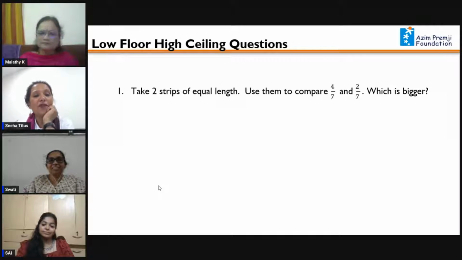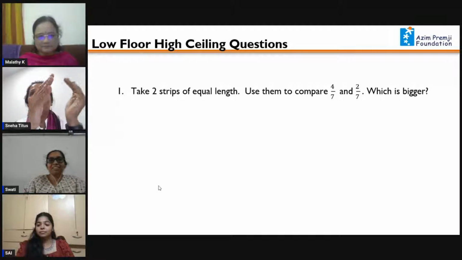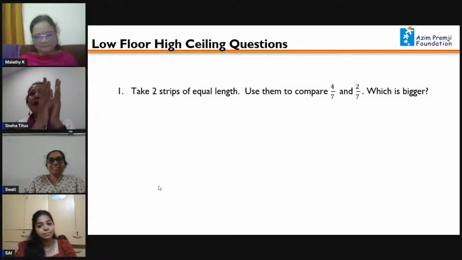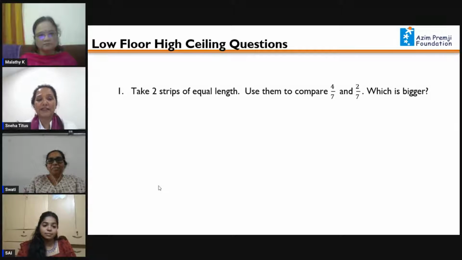After the children do this in class, I am diverging now from what Malathi did. Malathi did all the types with the strips, but I'm suggesting that instead of immediately finishing all the activities, it would be a good idea to stop now and ask some questions.